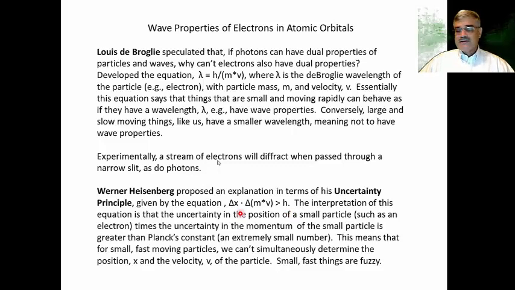Now, what this equation means is that the uncertainty in the position of a small particle, such as an electron, times the uncertainty of its momentum is extremely small, or in other words, fast-moving small things cannot simultaneously determine their position and their velocity.